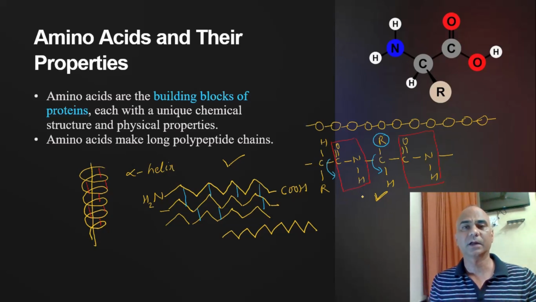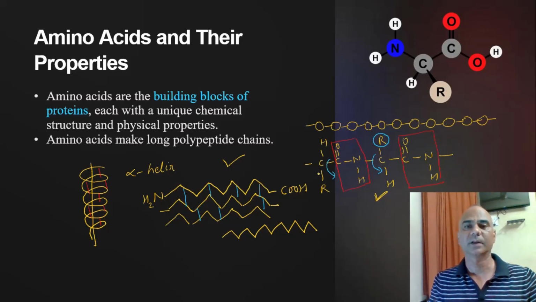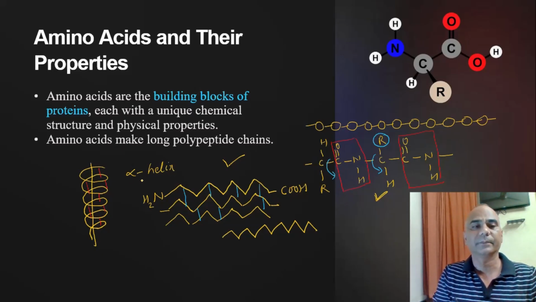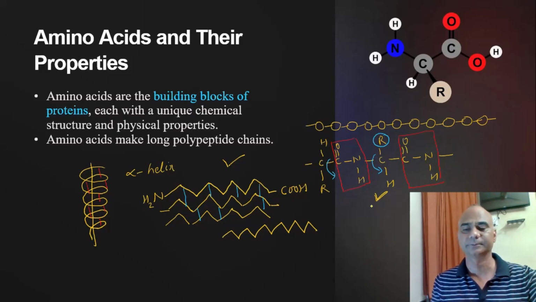So, for acquiring a proper conformation, the newly synthesized polypeptide chain acquires a specific 3D structure, or makes the secondary structure. I have already explained in my previous video what secondary structure means. Secondary structure means the conformation of the backbone of the polypeptide chain.